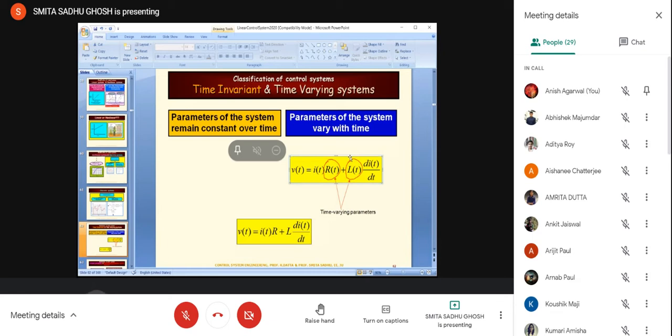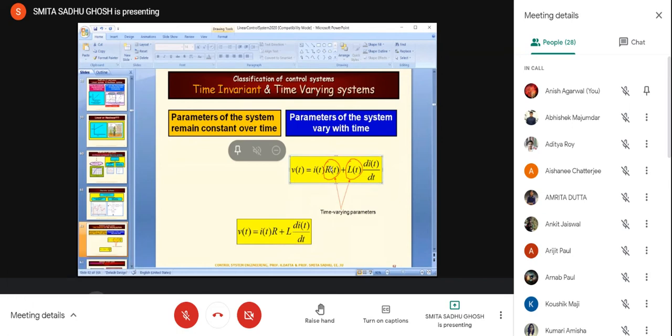So basically this is an example of a time varying system because the parameters, namely R and L, are varying with time, right? So whenever you again encounter a system, do not confuse the parameters with the variables. First of all, identify which are the variables and what the parameters are. Then have a look at the parameters. Are those parameters functions of time or are they constant?